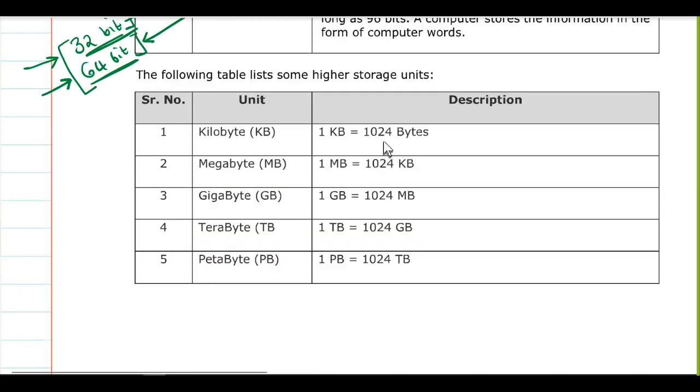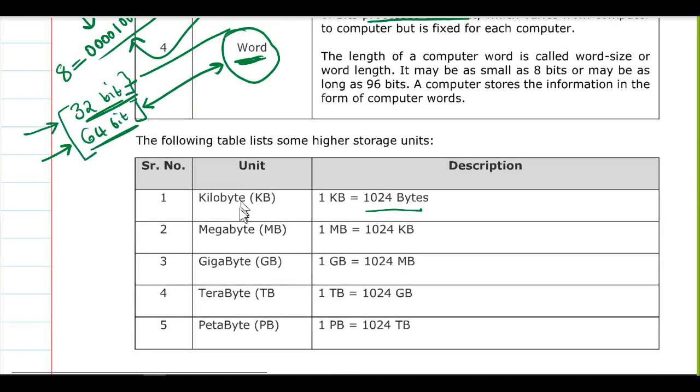This is the other classification that I mentioned earlier: 1 kilobyte is equal to 1024 bytes, then 1 megabyte is equal to 1024 kilobytes. Now, if you want to express this in terms of bytes, you would say 1024 times 1024. This will give you the size of 1 megabyte in bytes.